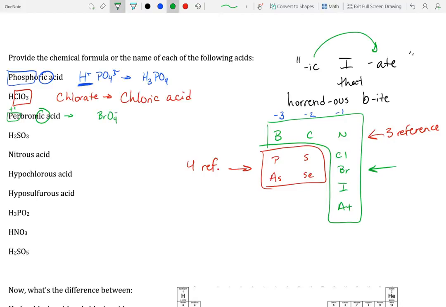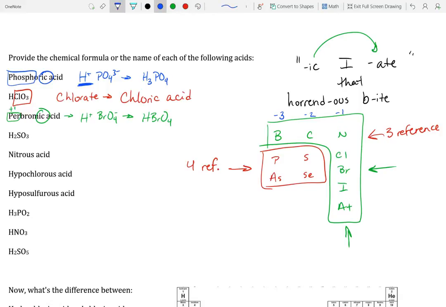BrO4 has a charge of -1 because it's inside the -1 column, and a proton has a charge of +1. You cross those charges, or you just say it takes 1 plus and 1 minus to cancel each other out. So this becomes HBrO4. Let's move on to the next one here.